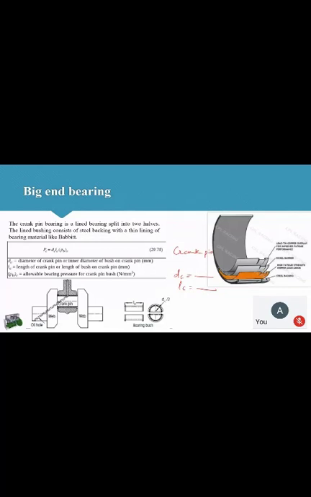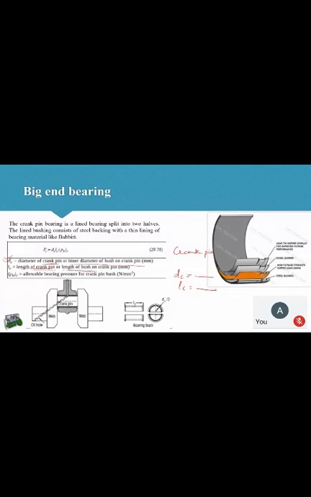DC is the diameter of crank pin or inner diameter of the bush, which is mounted on the crank pin. LC is the length of the crank pin or length of the bush.